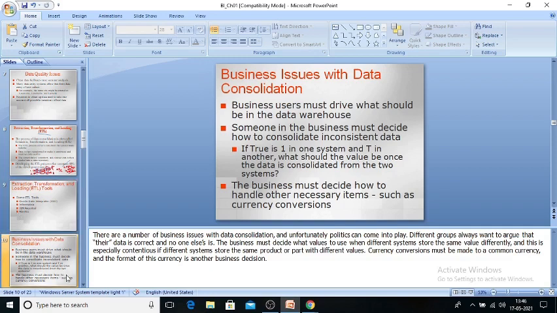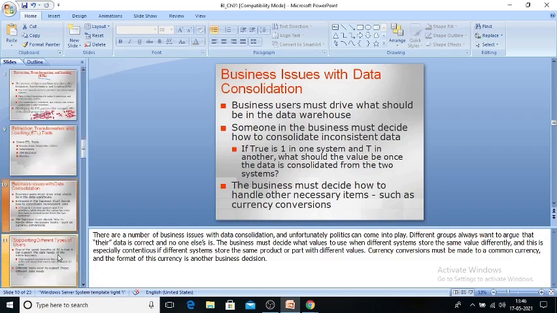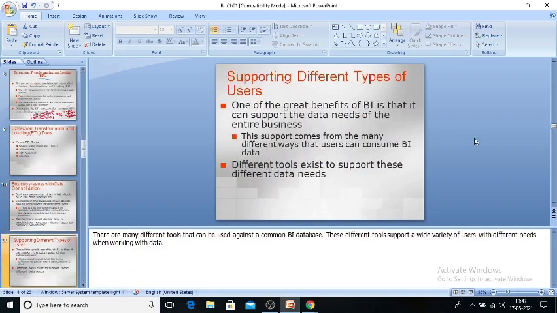Next is supporting different types of users. It is also one of the business issues. While consolidating the data, we need to support all kinds of users.